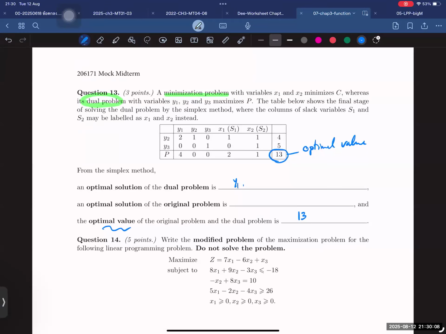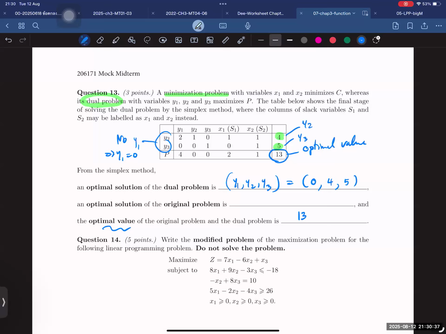No y1, so it should be 0. Now, y2 read from the table is 4 and y3 is 5. So that is y2, y3.